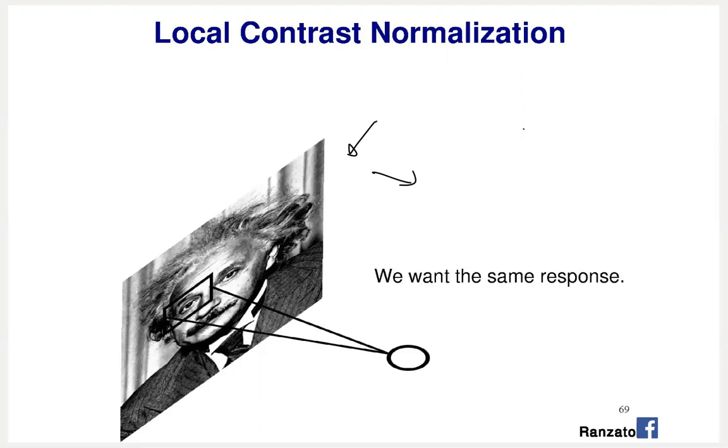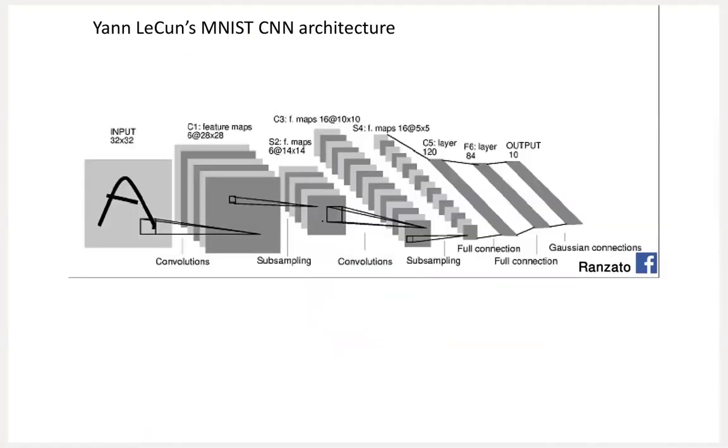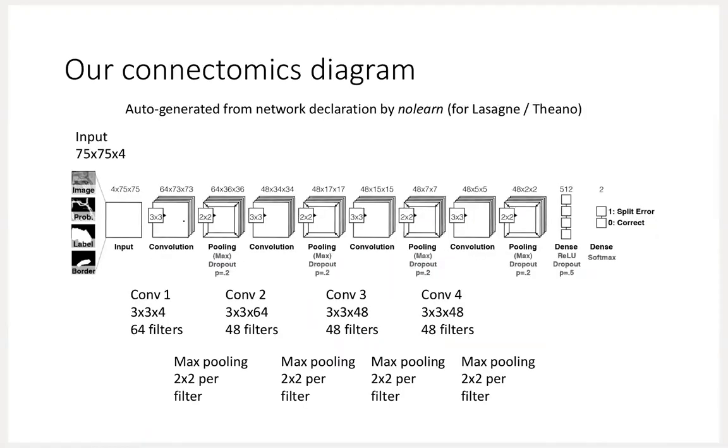For example, if I have multiple layers here, after each convolutional layer or at the beginning of each convolutional layer, I may do a normalization again. Actually, typically I should do the normalization inside the convolutional layer.